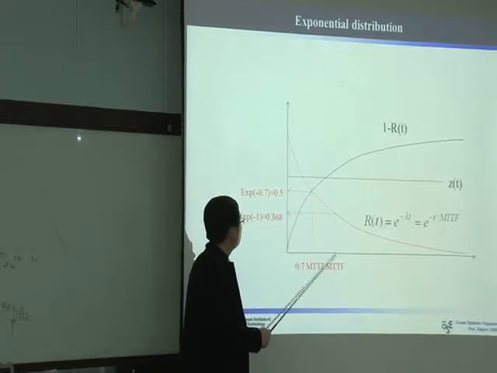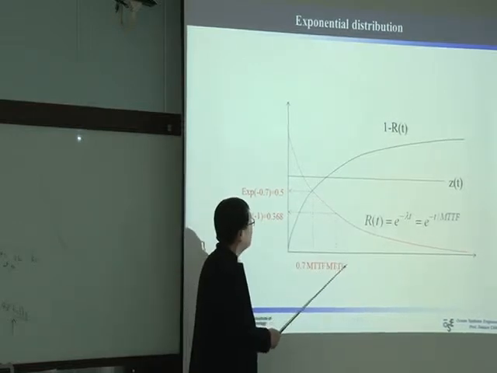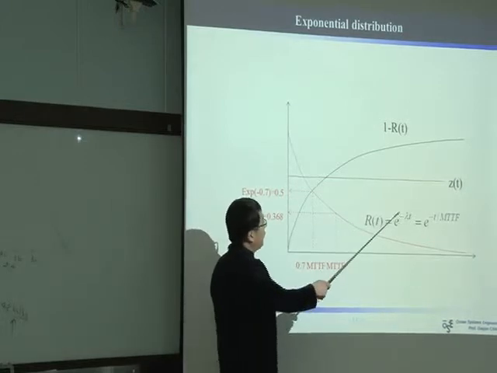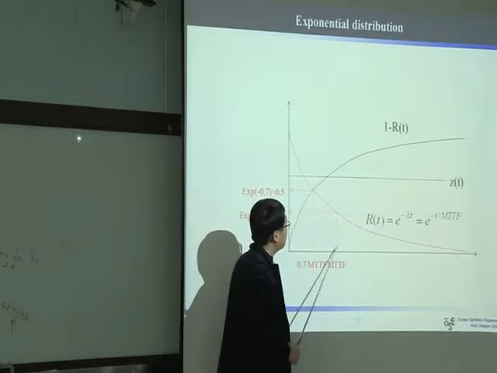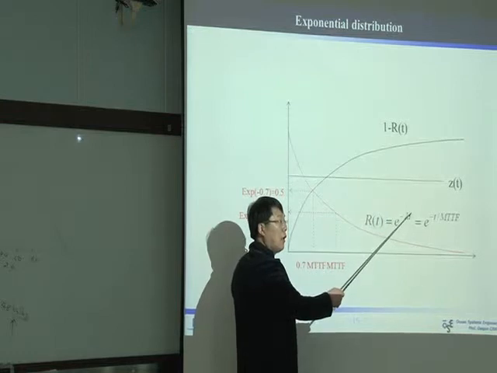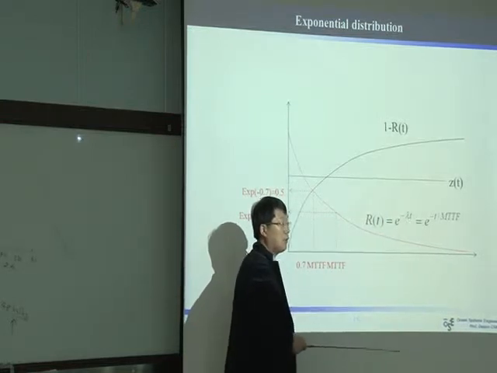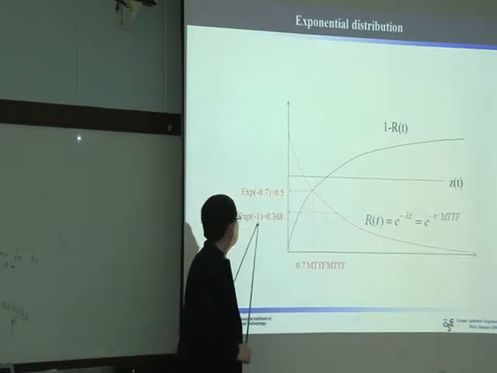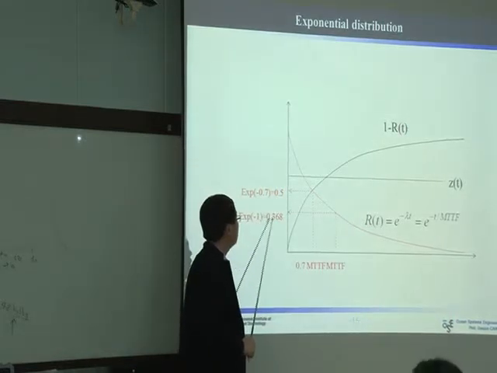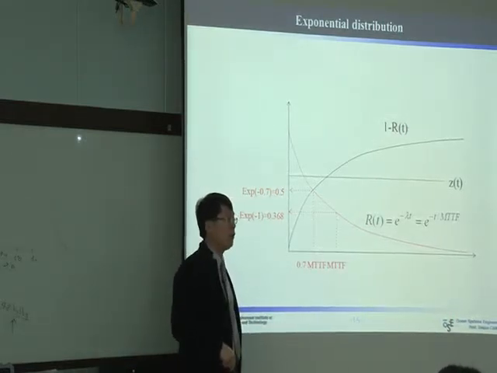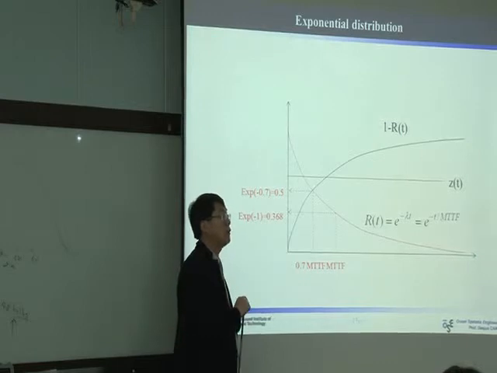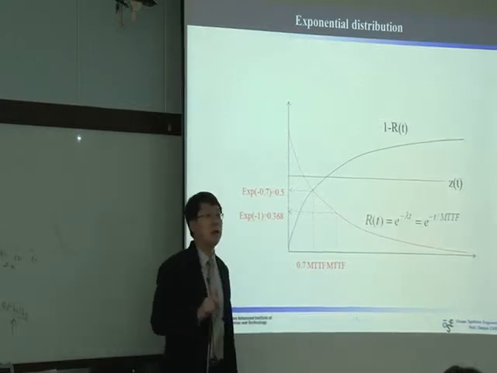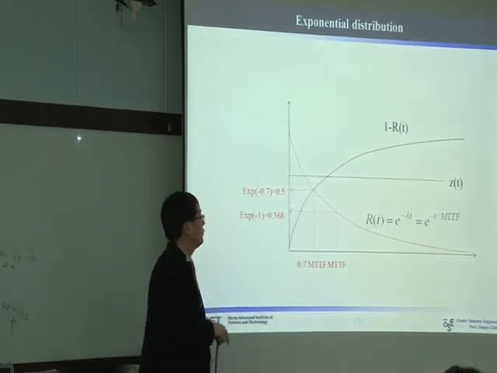For MTTF, in this case, we can put 1 divided by lambda in place of t, then we get e to the minus 1. The value is 0.37. So you should remember this value and the meaning of this value.